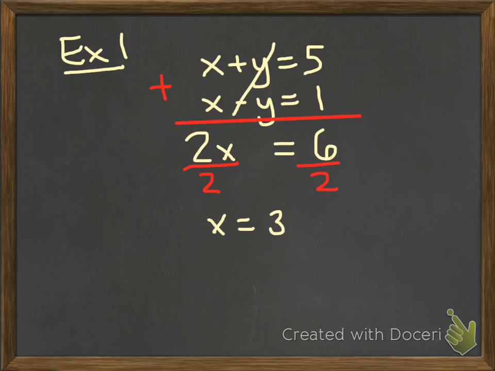But because we're looking for an intersection point, we need the x and y coordinates. So now that we know that x is 3, we need to find out what the y coordinate is of the point of intersection. So we're going to plug the 3 back into either the first equation or the second equation. It actually doesn't really matter which one you plug it into. So for now I'm going to plug it into the top equation.